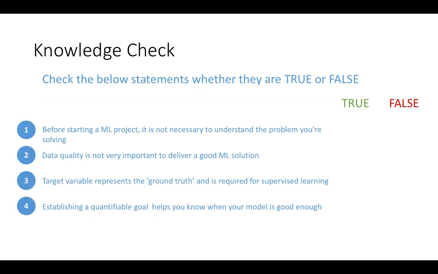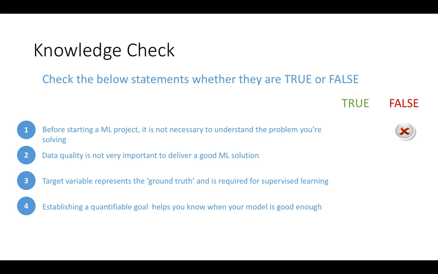Okay, let's go with the last question before we conclude. Please read the statements here and say whether each is true or false. Before starting an ML project, it is not necessary to understand the problem you are solving. True or false? You are right, it is false. You have to understand the problem you are solving upfront, then you will be able to do better.